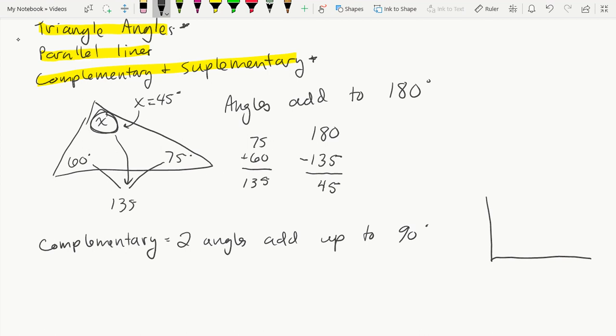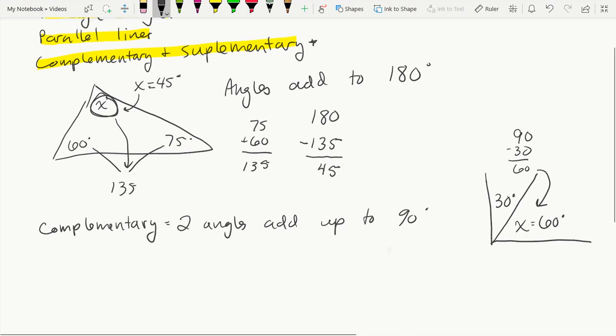And if I have a right angle that is divided, let's say that this one is 30 degrees. Well, then the complementary angle would be that one. And so a lot of times it's going to be asking me, well, what is that complementary angle? Well, all I need to do here is do 90 minus 30, and that's going to give me 60, and that is what this angle here is. So complementaries always add up to make 90 degrees.